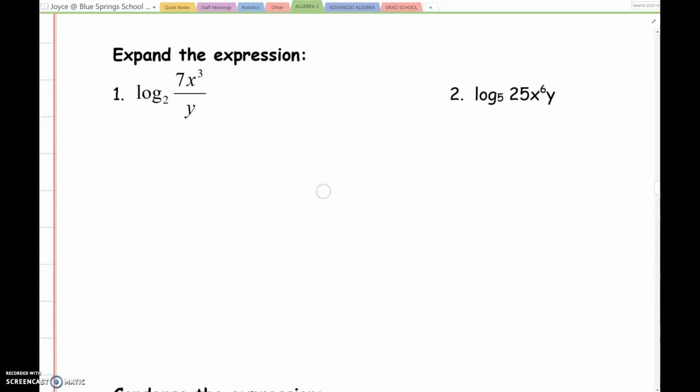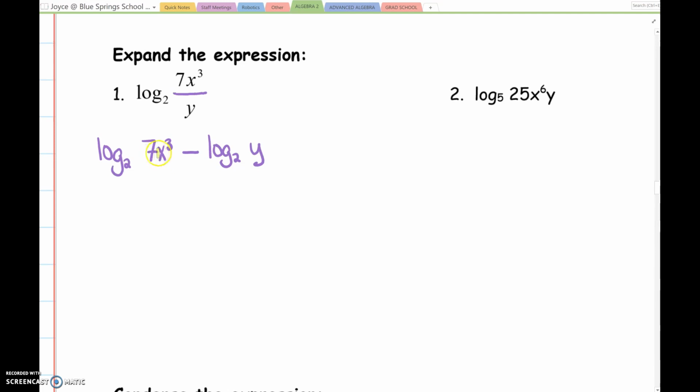So the book would say, inside this log, there's this big division. And according to the properties, what does division turn into outside of the log? Subtraction. So this would split up into log base 2 of the top minus log base 2 of the bottom. Then you have to keep going until there's no multiplication or division or exponents inside the logs.